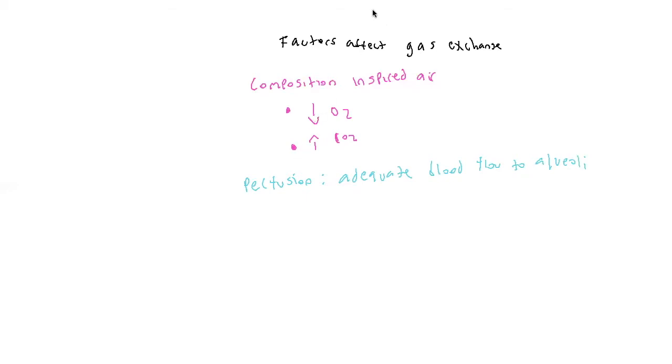Next is going to be surface area. So the alveoli, if you were to take them all and flatten them on the ground like pancakes, would take up about 700-ish square feet, 750 square feet.